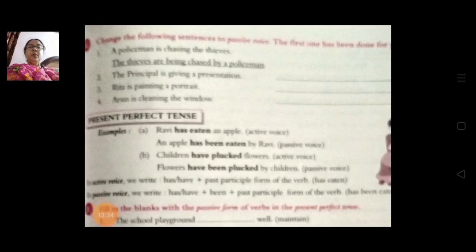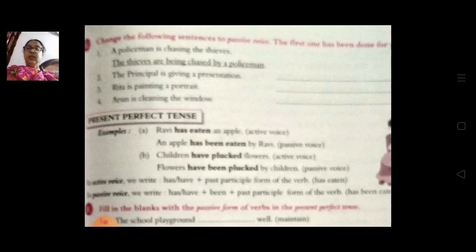Now this is exercise number E, which you can find on page number 87 in your Mastering Grammar book. Change the following sentences to passive voice. The first one has been done for you. A policeman is chasing the thieves. The thieves are being chased by a policeman.